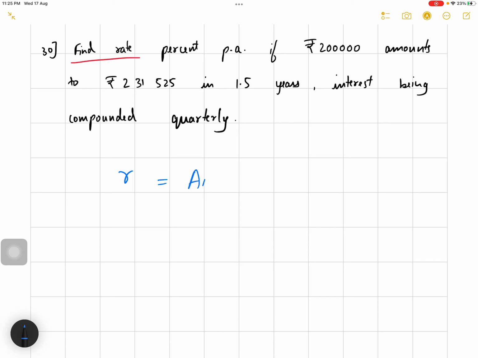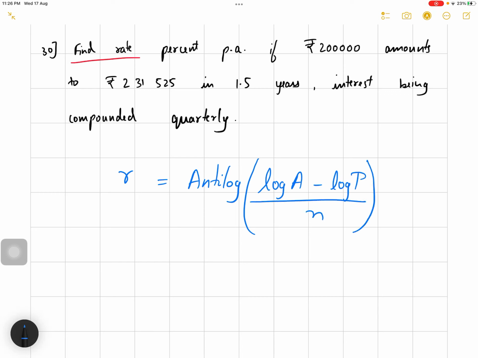So r is equal to anti-log of (log A minus log P) upon n, minus 1. This is the formula for r.